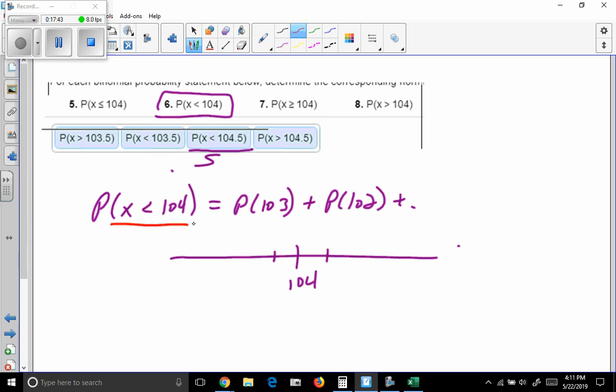Our probability is going to the left of 104, and we don't want to include 104. We want to only include 103. So if we went to here, that would include 104. If we stop there, it doesn't. So in terms of a normal approximation, we would use x is less than 103.5. So that would be this one.